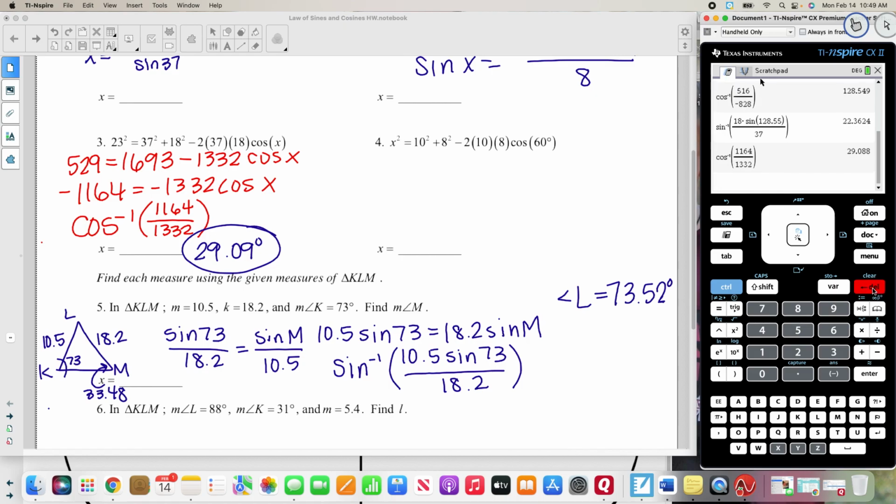If you don't, then type it in as it is. Good. Then you're going to take the square root.